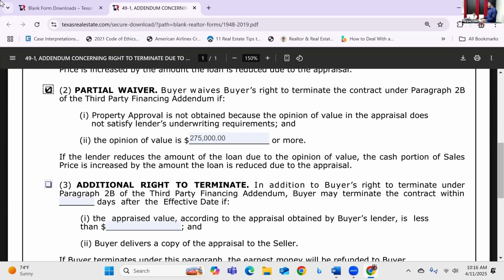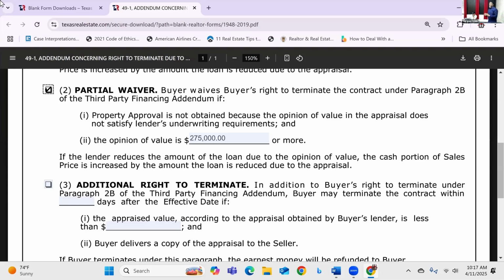So let's play along. 90% means the lender will loan 90% of the value, and the value is 275. Even though we have a contract price of 300,000, the value came out to be 275. They would only loan 90% of the 275, even though your contract is at 300,000.